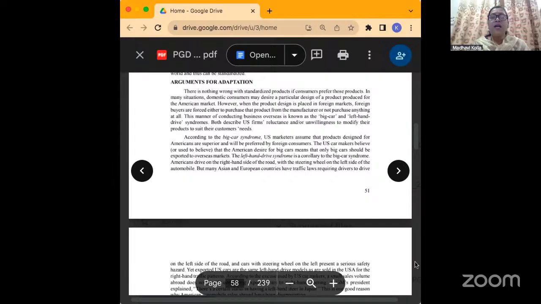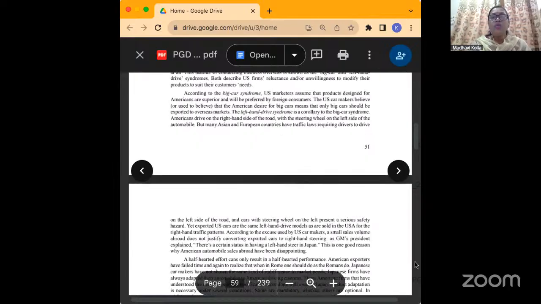So that means a lot of adaptation has to take place. So it is not just a cosmetic change here that we are talking about, it is the very driving system itself which will affect all other ancillary units within that particular car or automobile. So that simple matter of left driving versus right driving will make sure that the car has to be modified significantly and adapted to the local conditions.